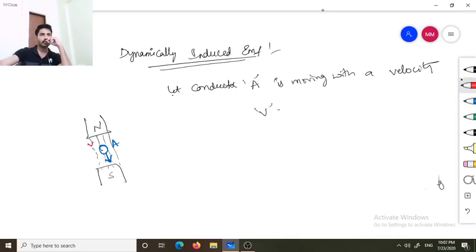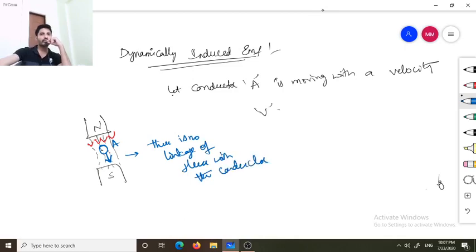The direction of lines of force is always from north pole to south pole. As the conductor moves parallel to the direction of lines of force, there is no linkage of flux between the magnetic flux and the conductor.